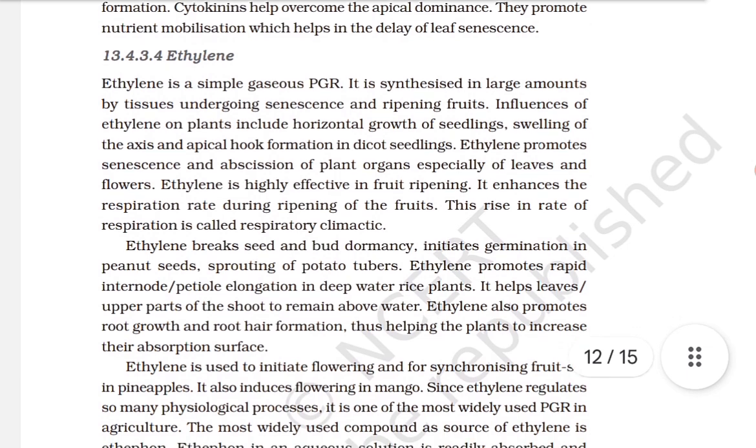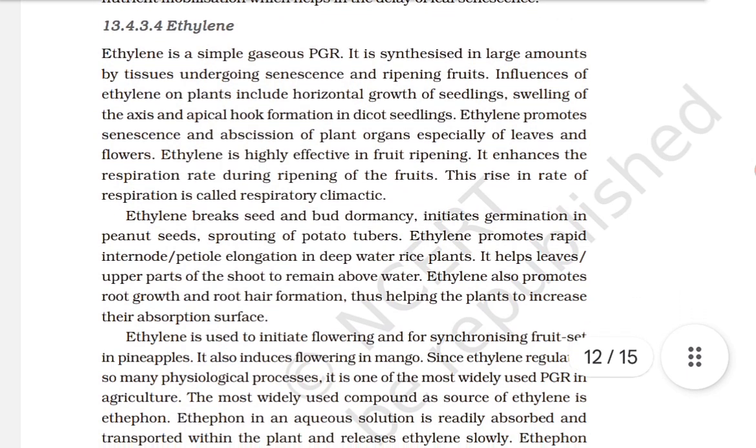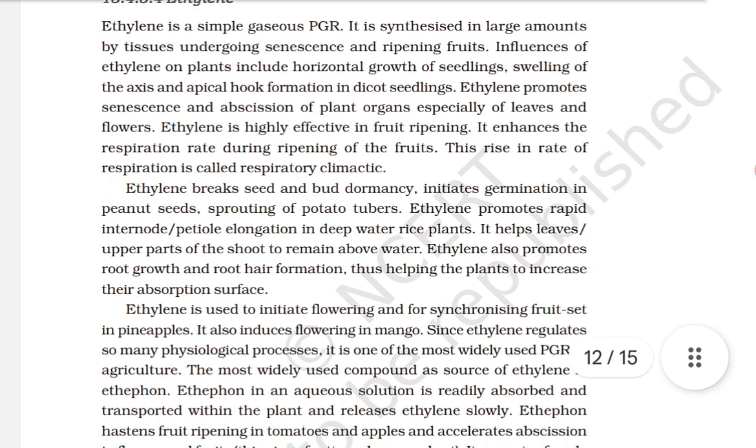This rise in rate of respiration is called respiratory climacteric. Ethylene breaks seed dormancy and bud dormancy. It initiates germination in peanut seeds and sprouting of potato tubers.